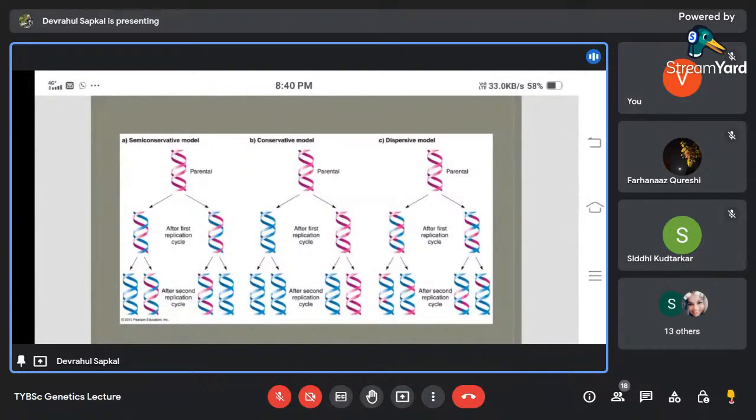In the conservative mode, one DNA molecule is fully newly synthesized, and the other is identical to the parental one. And in the dispersive mode, some part of the strand has a parental portion and some part has totally newly synthesized strand.